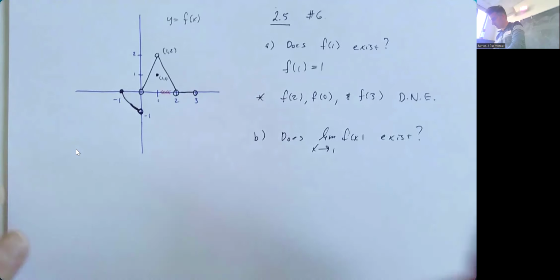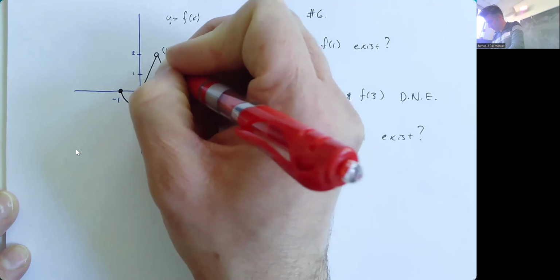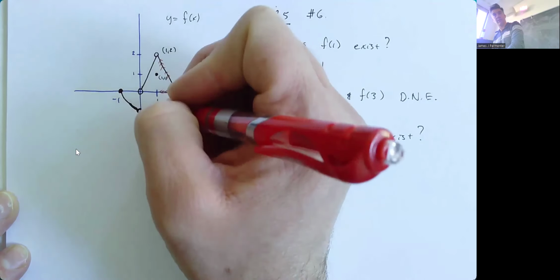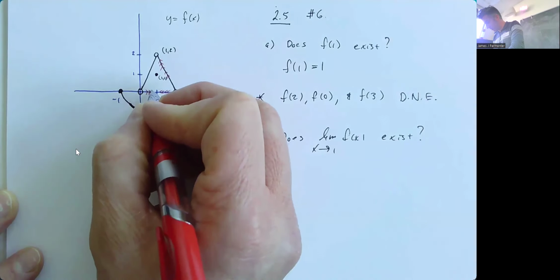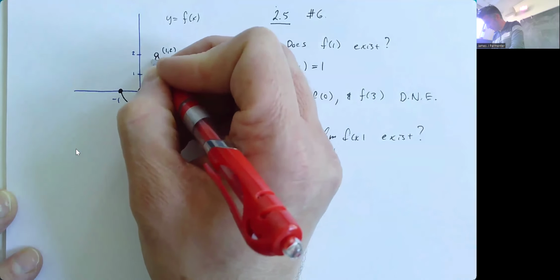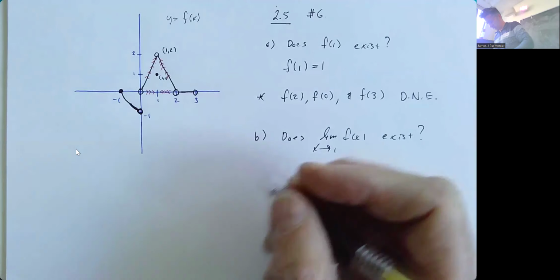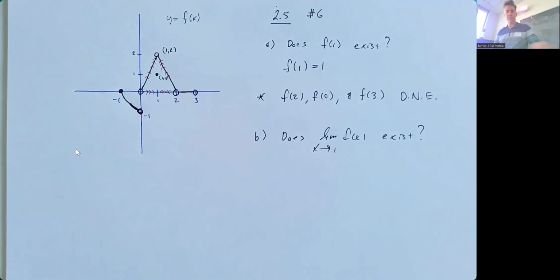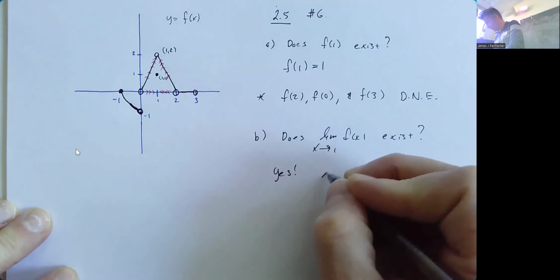As the x values get closer to 1 from the right, the corresponding y values on the graph seem to be getting closer and closer to +2. Same thing from the left. As x approaches 1, the y values are approaching a value of +2. So the answer here is a definite yes, and the value is 2.